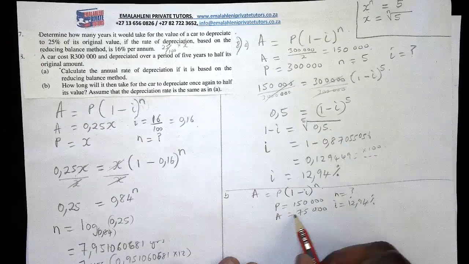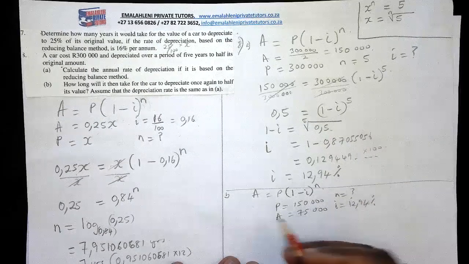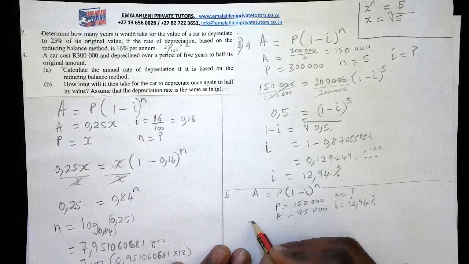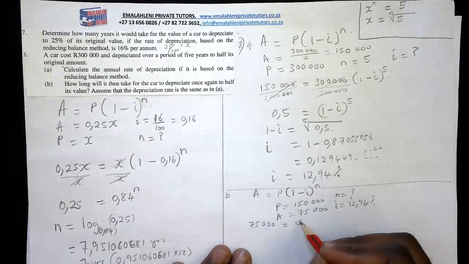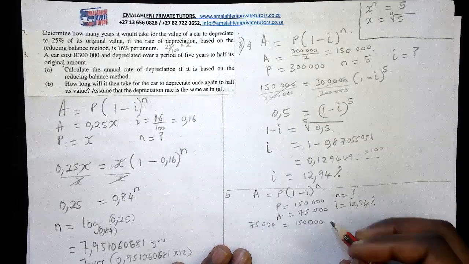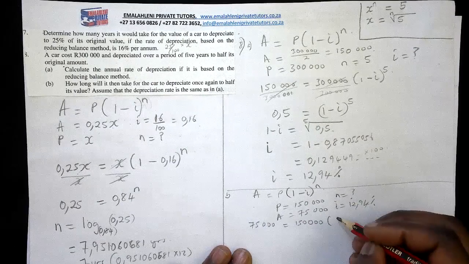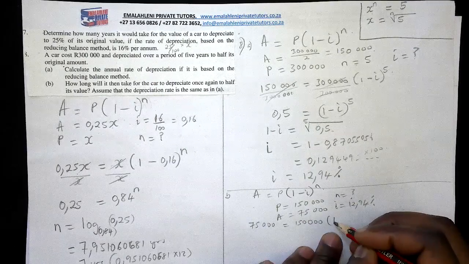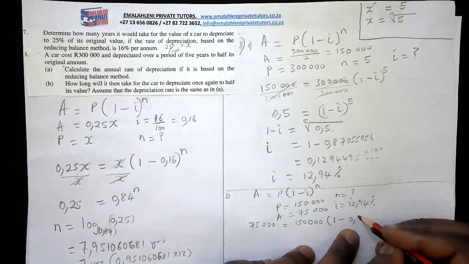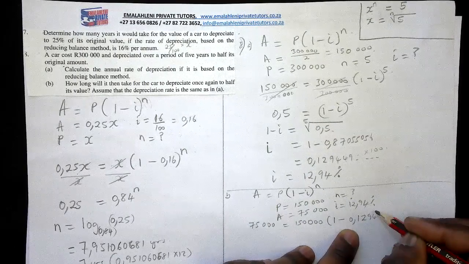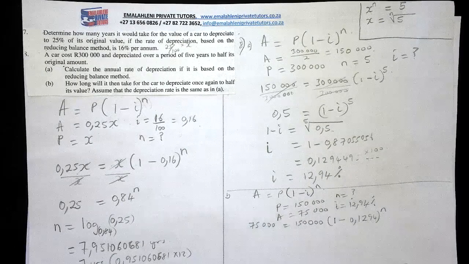Now we have our A, 75,000, is equal to 150,000. I could make this one short, but I just want you to see how it's done. 1 minus i, what is our i? 0.1294, to the power of n. Now, what do we do here?